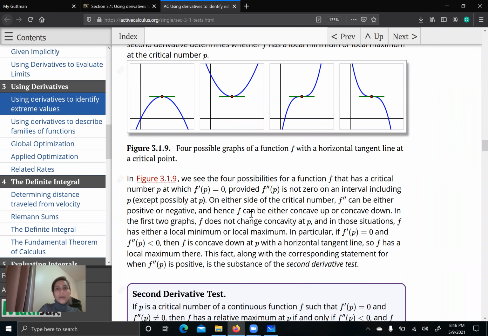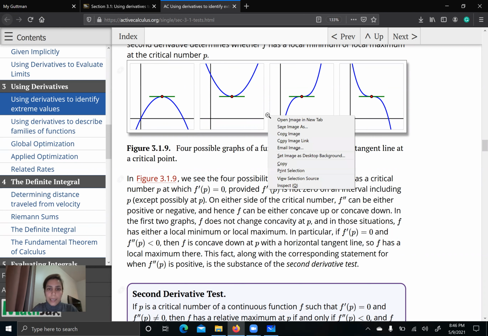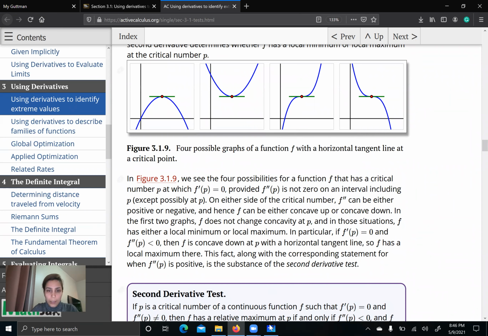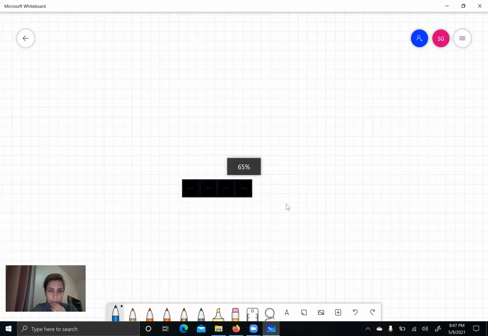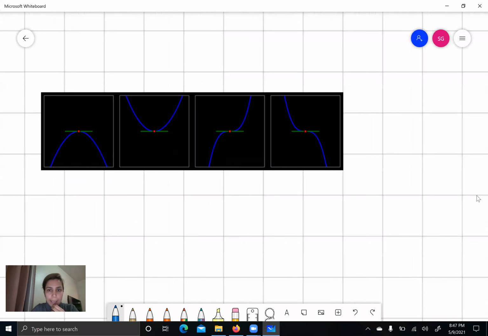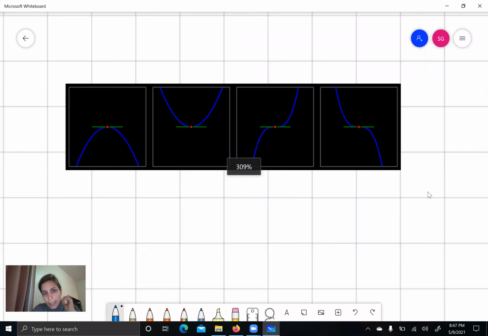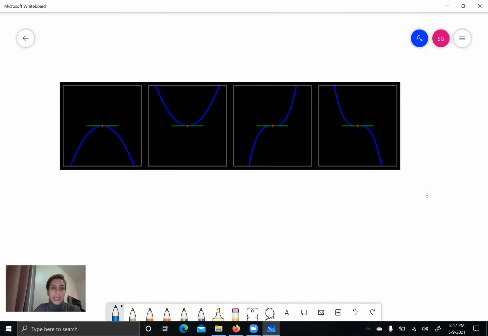There are 4 graphs. In this picture, these 4 graphs have something in common.